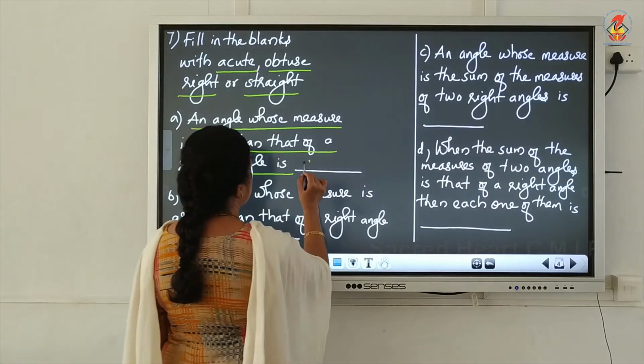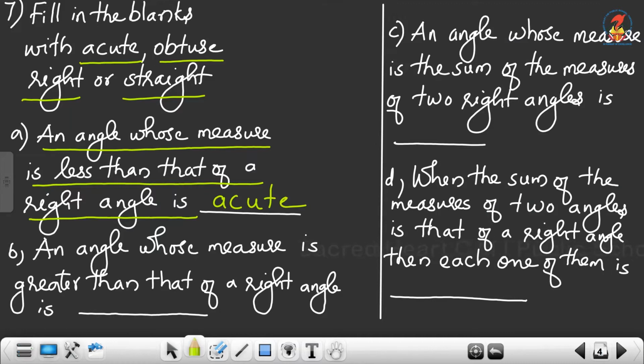Therefore, the answer here is acute. An angle whose measure is greater than that of a right angle. An angle whose measure is greater than 90 degree, we can call it an obtuse angle.